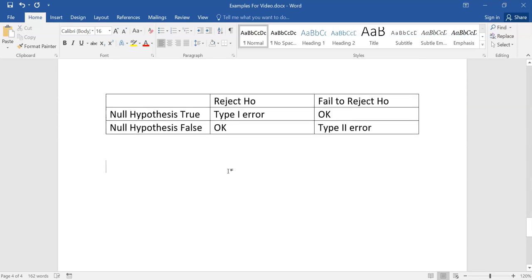So it's a good time to review errors. In the real world, the null hypothesis is either true or false. We don't necessarily know, but it's true or false. And then when we're done, we either reject it or we fail to reject it. In this case, we failed to reject the null hypothesis. So are we right? We actually don't know.